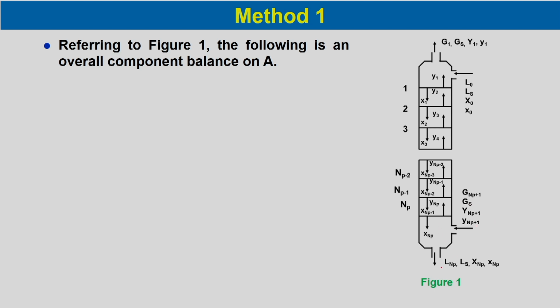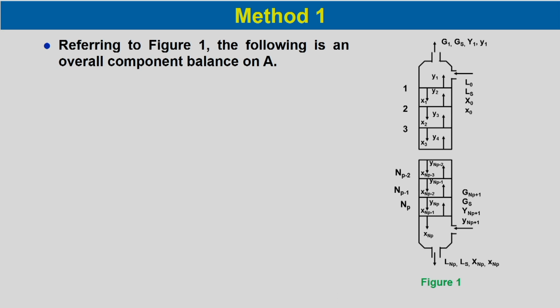The liquid which is coming out at the bottom having composition of X N P has a flow rate of L N P, and then the gas which is going out at the top has a gas flow rate as G 1 and with a mole fraction of Y 1 or mole ratio of capital Y 1 with a gas flow rate on solute free basis G S.